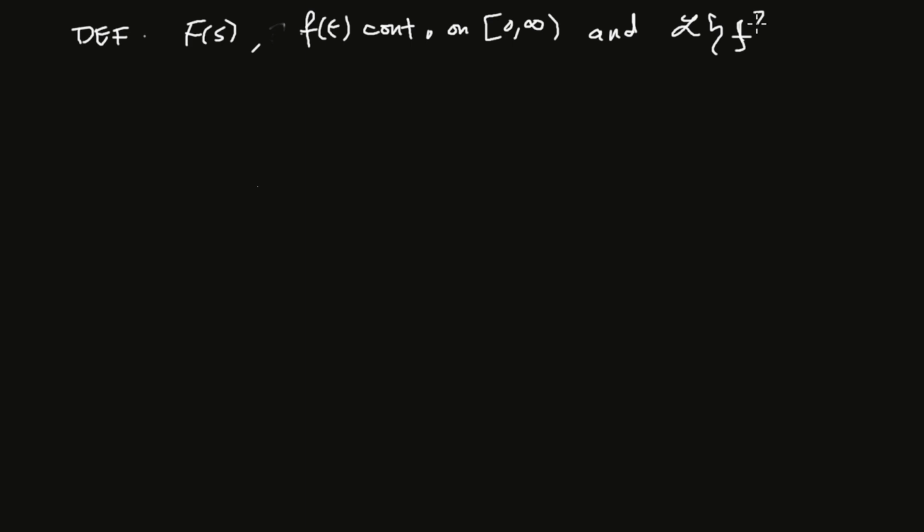We can say that if you have F of s, the capital F, and if there exists a function f of t that is continuous on 0 to infinity and satisfies that the Laplace transform of f is the capital F, then we say that there is an inverse.